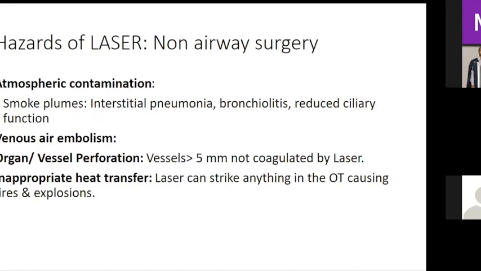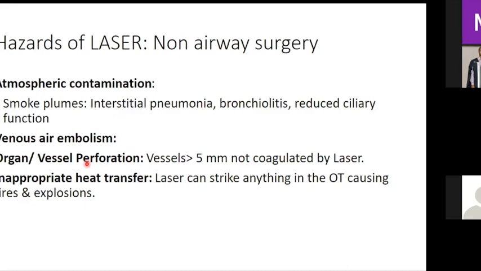And then venous air embolism. I tried to look for the mechanism of air embolism. Maybe someone will know. I don't know, but air embolism in laser surgery has been described a lot. And then organ or vessel perforation. This is because some people tend to use laser on vessels that are more than 5 millimeters, thinking that they will coagulate.